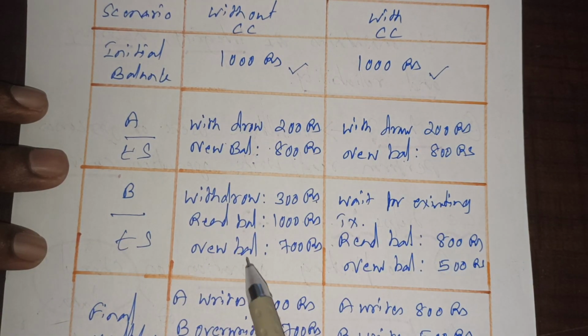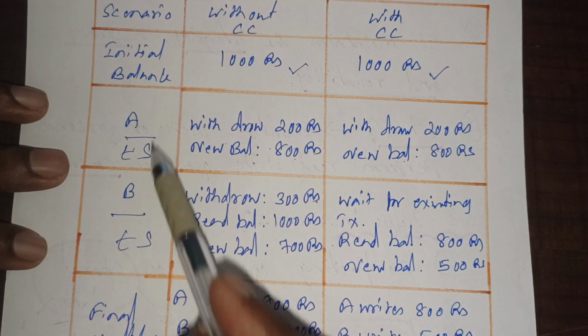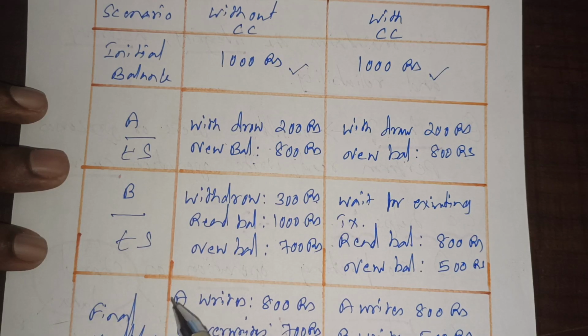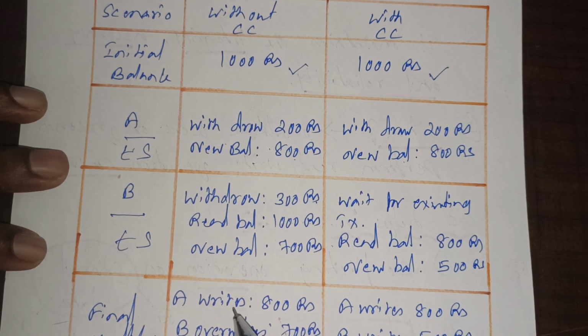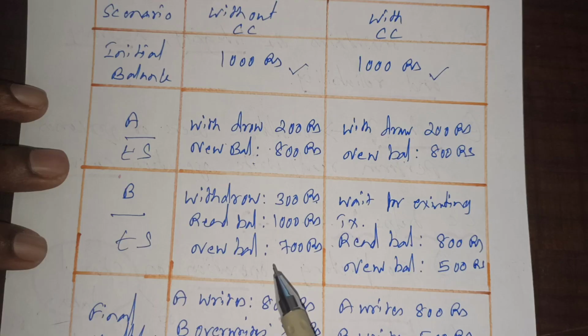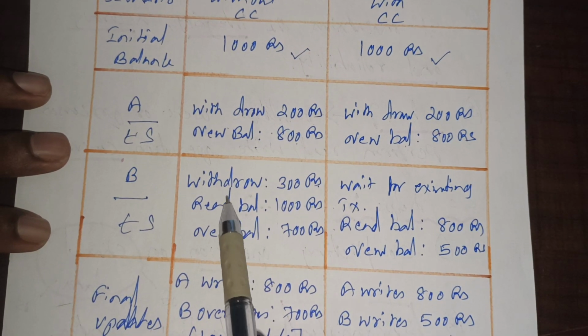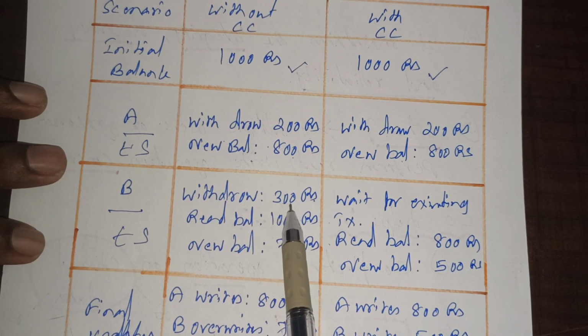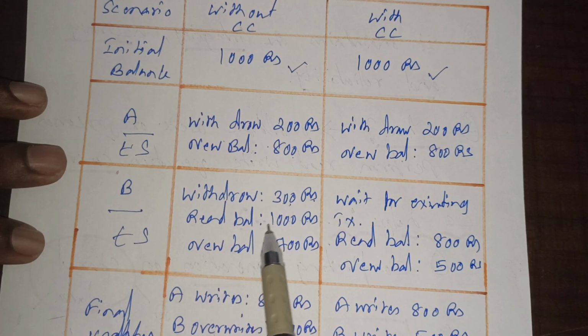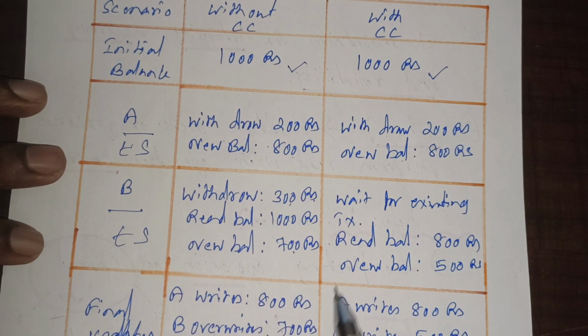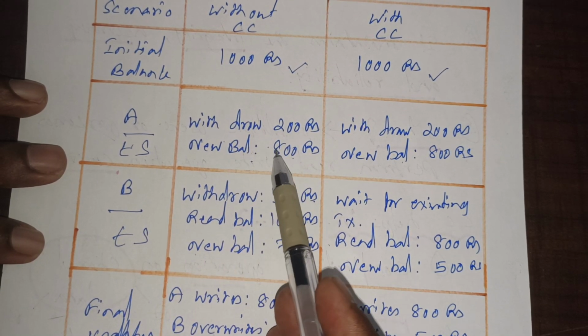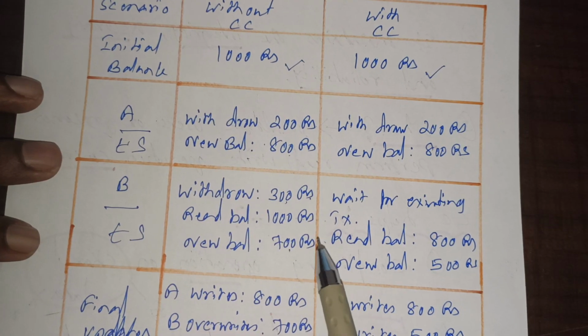Without concurrency control, B is doing the same simultaneous transaction, so it reads 1,000 again, and because it is withdrawing 300 rupees, the new balance will become 700 rupees. This is without concurrency control. There is no commit and no wait for the transaction.